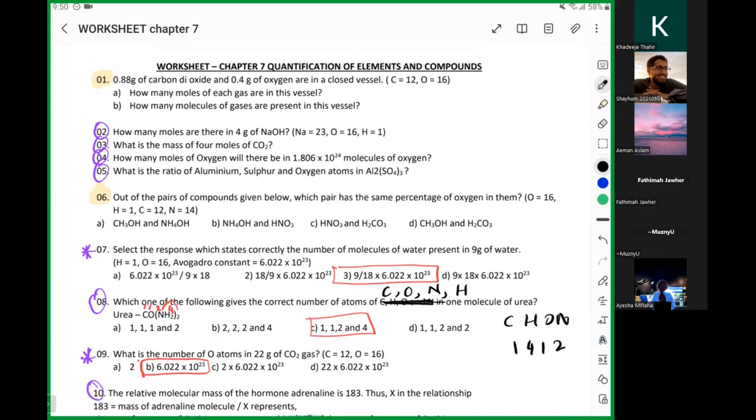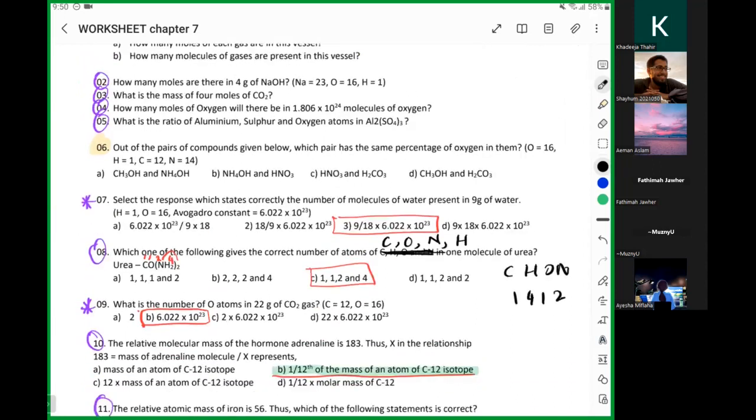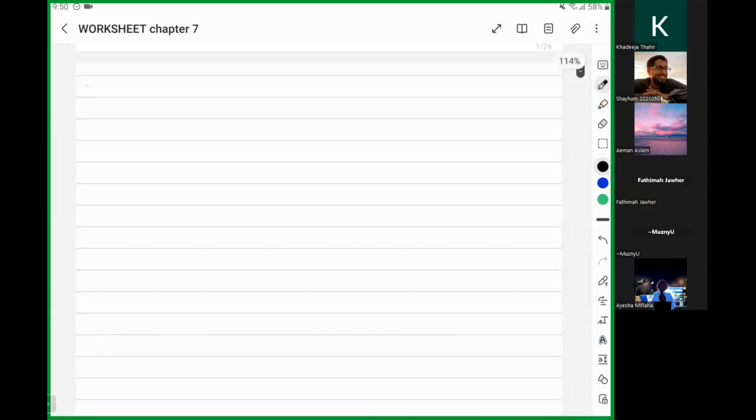0.88 gram of carbon dioxide and 0.4 gram of oxygen are in a closed vessel. How many moles of each gas are in this vessel? So very easy, no? First of all, you need to find molar masses. Carbon dioxide, molar mass is 44 grams per mole.